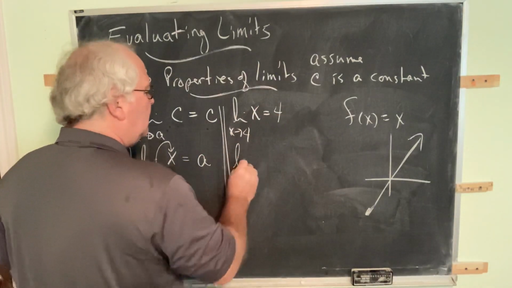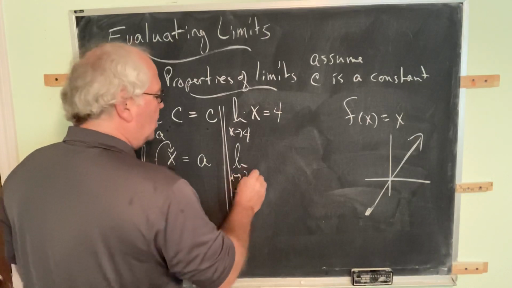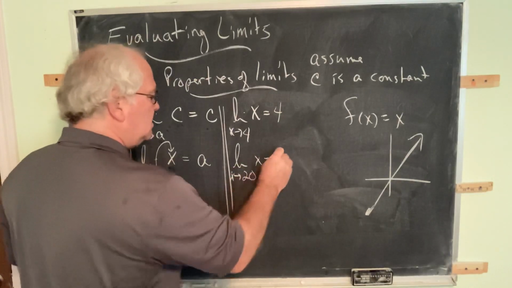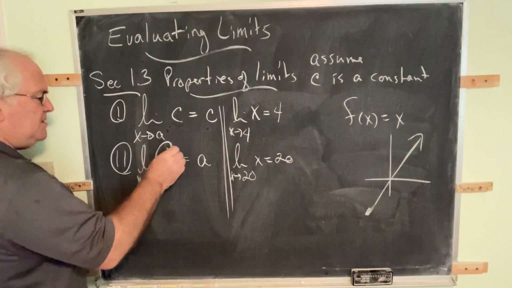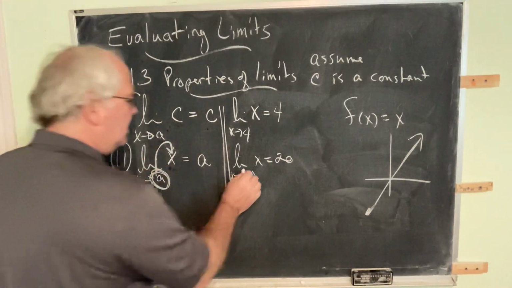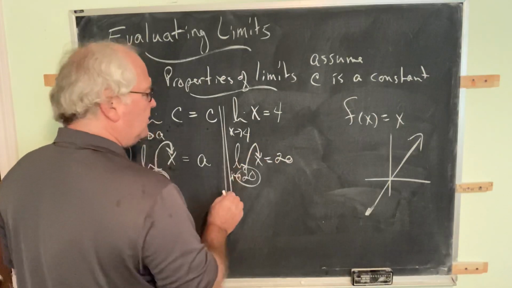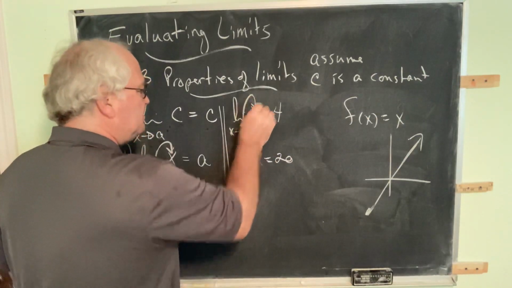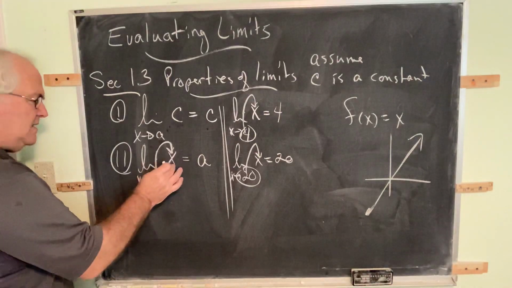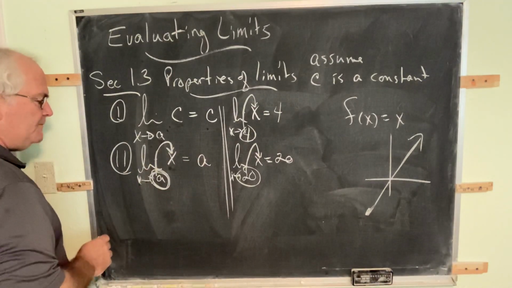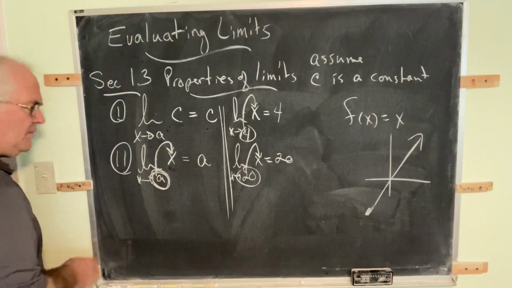The end. Limit as x approaches 20 of x is 20, because the rule is you take that value and substitute it for the variable. So the limit as x approaches a of x is equal to the value of a. All right?